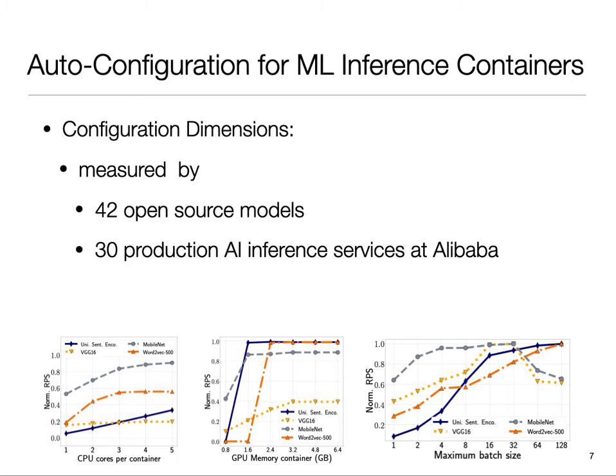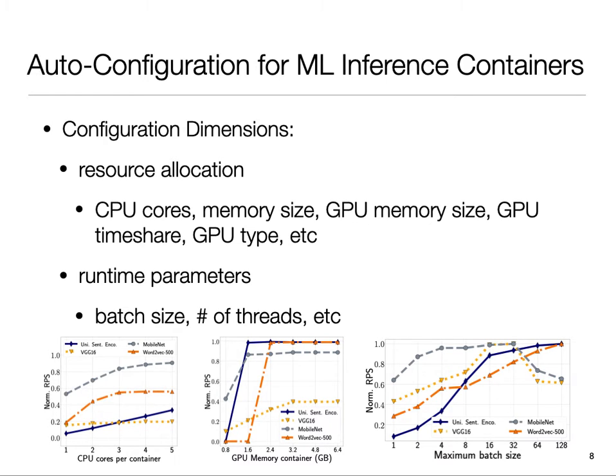We stress test their peak RPS under various configurations, and the results are shown in these figures. In this experiment, we found that a good configuration yields over 10 times the request throughput of a bad configuration. We can also observe that there are many dimensions of the configurations that may heavily affect the service quality.